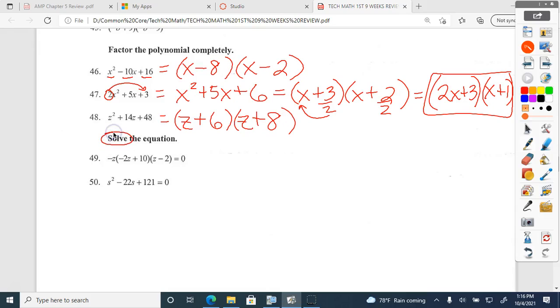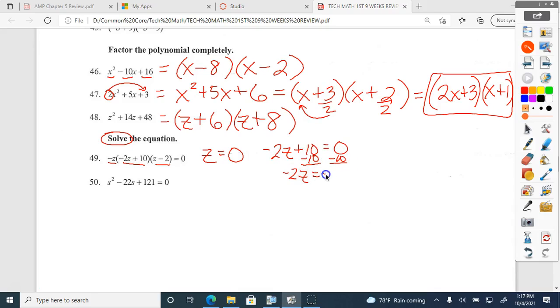46, 47, and 48, you're just factoring. 49 and 50, you were what? Solving. Okay? 49 is already factored for you. So all you have to do is set all 3 factors equal to 0. So this first one, what is z going to equal? 0. Set the second one equal to 0, so we're going to subtract 10 over.